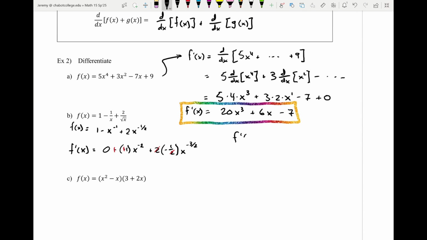So f prime of x is going to be, I won't write the 0, so I'm just going to have x to the -2nd. I'm going to write that as 1 over x squared. And then minus x to the -3/2. I can write that as 1 over x to the 3/2. I could write it that way. Or I could write it as the square root cubed, right?